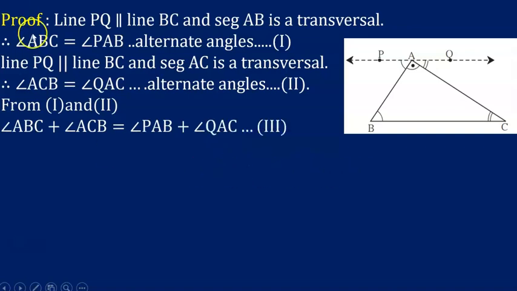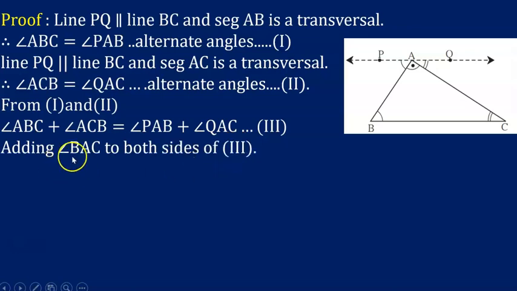if we add their left hand sides, what do we get? Measure of angle ABC plus measure of angle ACB is equal to measure of angle PAB plus measure of angle QAC. Adding angle BAC to both sides of this third statement, what will you get?